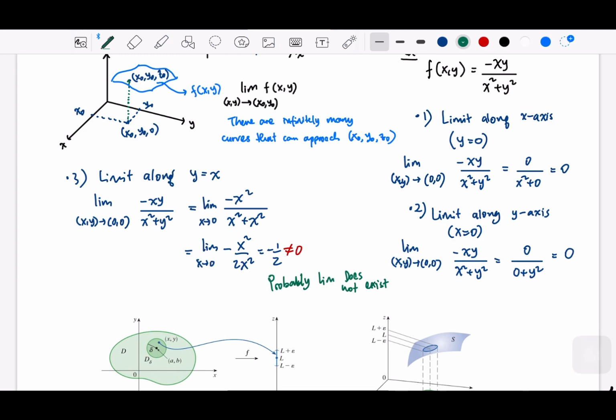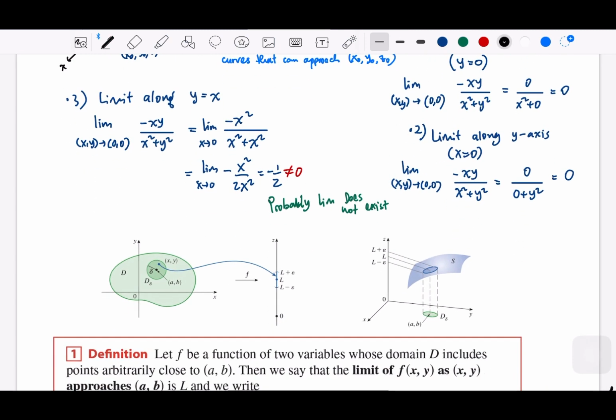Okay, with these three simple curves, like y equals 0, x equals 0, y equals x, at least y equals x proves that this limit does not exist.